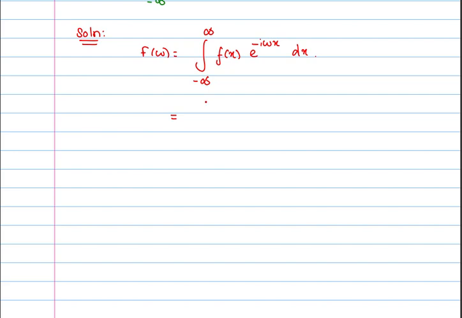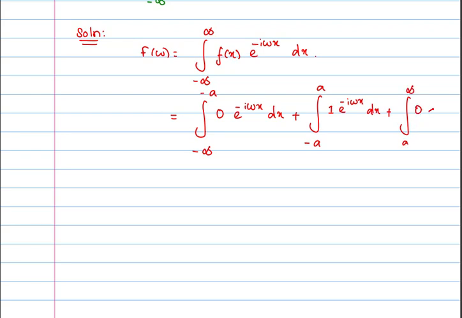So I can write the integral from minus infinity to minus a, where the function is 0, times exponential of minus i omega x dx, plus the integral from minus a to plus a of 1 times exponential of minus i omega x dx, plus the integral from a to infinity, where the function value is 0, of exponential of minus i omega x dx.